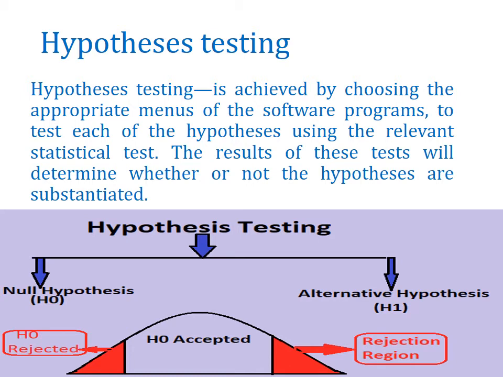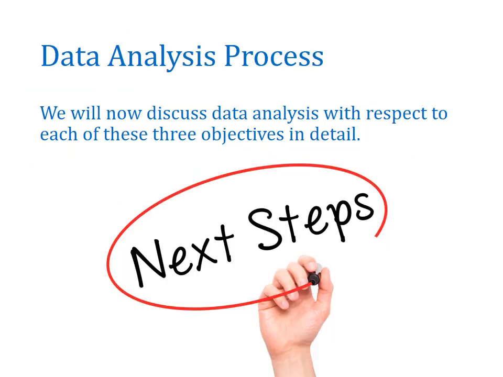The purpose of hypothesis testing is for the researcher to know whether the hypothesis is sustained or not sustained. That is all about our three objectives. I repeat once again: feel for data, goodness of data, and hypothesis testing.